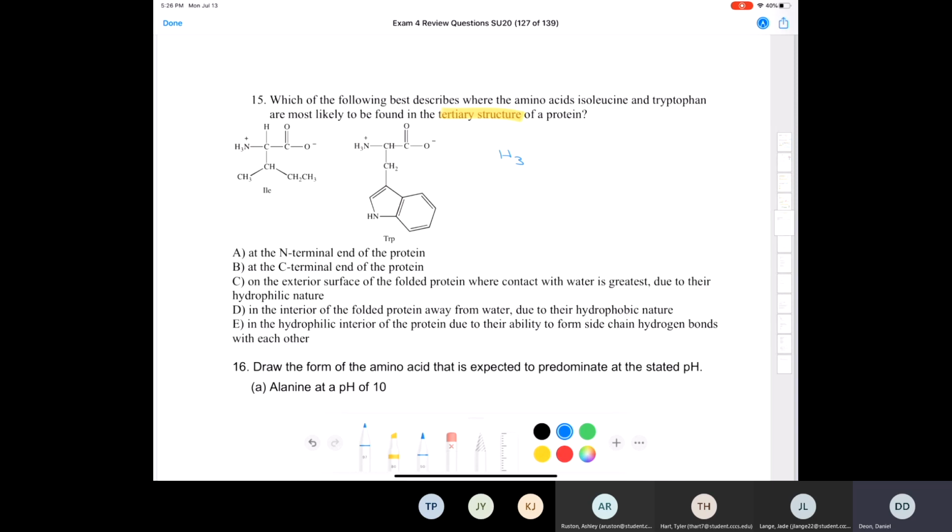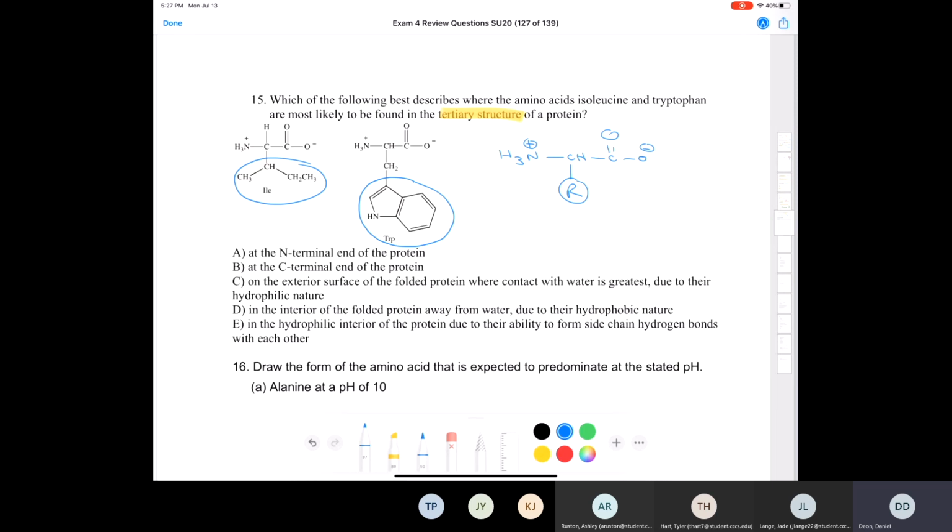If I draw the generic structure of an amino acid, like this, okay, and I'm sure you all know this by now, our R group is here. And so here's the R group of tryptophan, and here's the R group of isoleucine. So if we look at these two groups, would these be considered hydrophobic or hydrophilic R groups? Who could help me out?